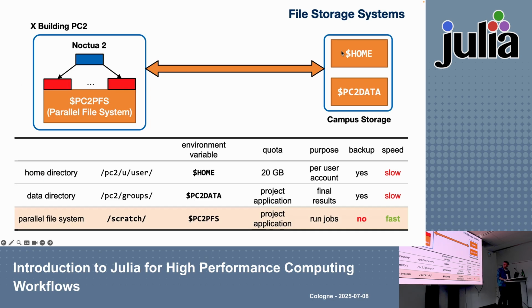If you get an account on our system, it's always in the context of a compute project, and therefore in this project you also have a project folder. These are stored and backed up on one storage. However, the access is not that fast to the compute nodes. And therefore, we have a different parallel file system, which is connected directly to this very fast network. Here, it is not backed up, but there you can store your input files and output files. And these are more directly connected to the compute nodes.